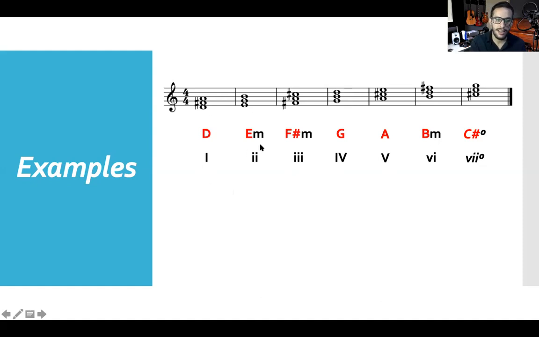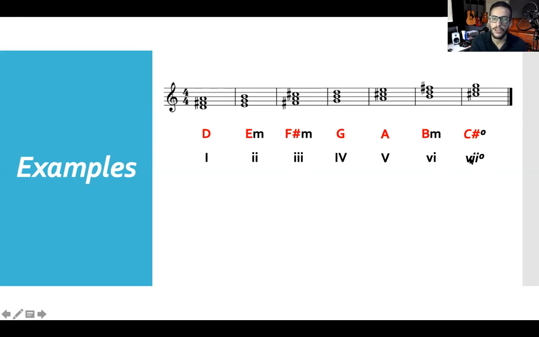And again, like I said in the previous slide, chords 2, 3, and 6 are going to be minor. Here we put the M of minor. And then the 7th chord will be a diminished. So in this case, it's C sharp diminished. We put the little circle in the end that is going to make it diminished.